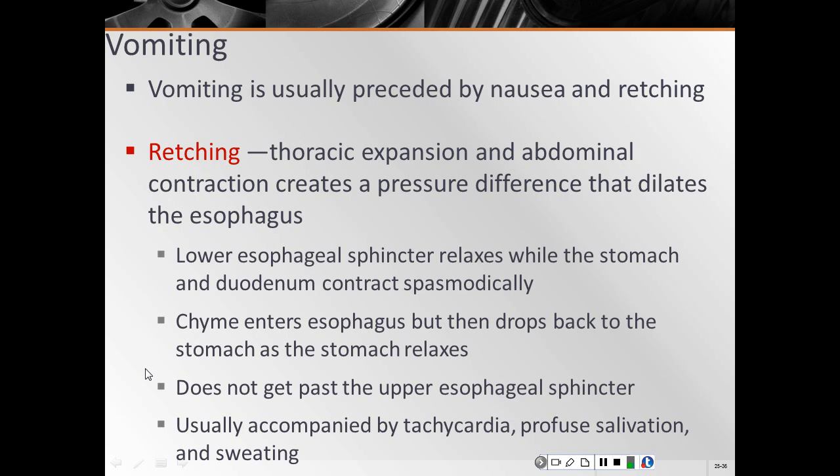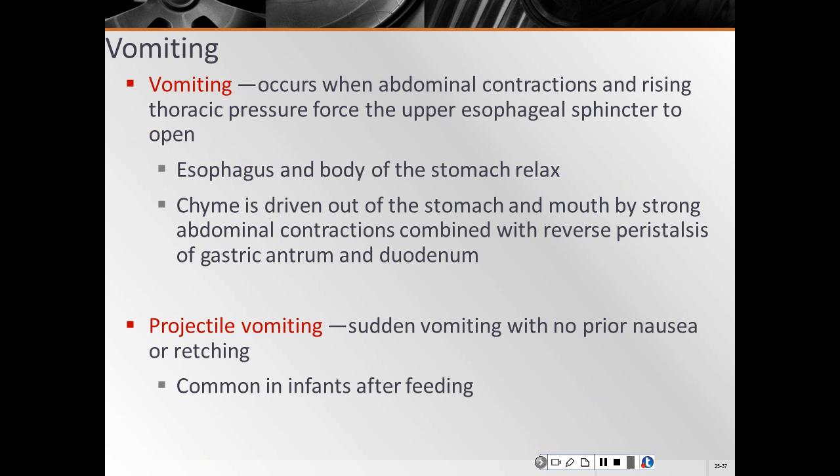Now the chyme is going to enter into the esophagus, but then it's going to drop back into the stomach as the stomach relaxes. It doesn't get past the upper esophageal sphincter at all, and it's usually accompanied by tachycardia, which is an increased heart rate, profuse salivation, and of course sweating.